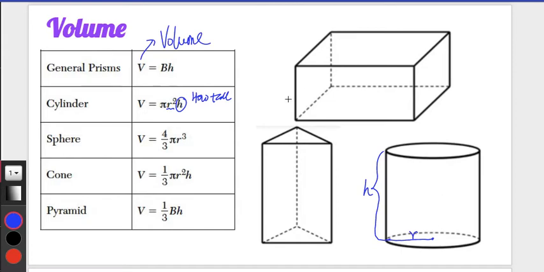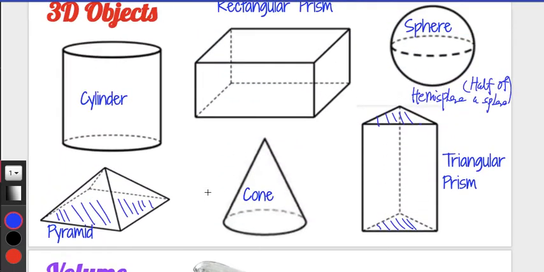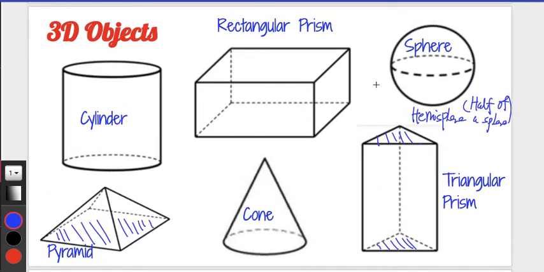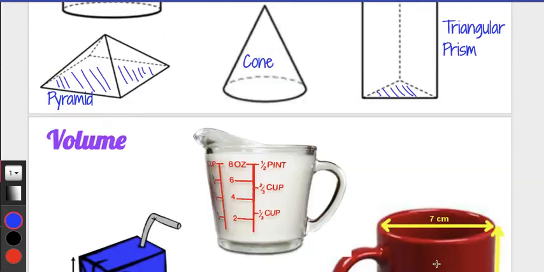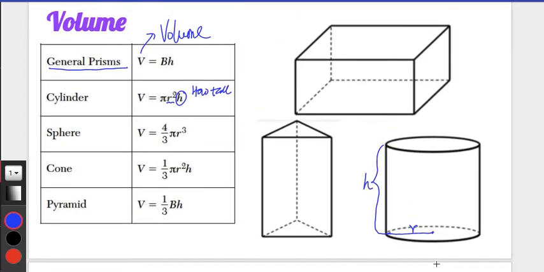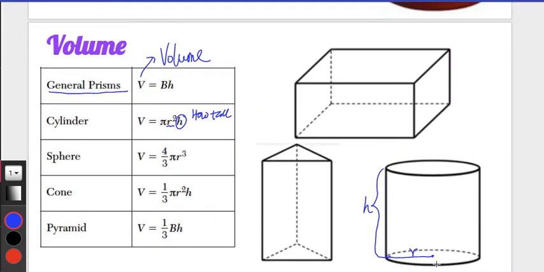And also, let's check the very first one. The very first one is called a general prism. So you may be wondering, what is a general prism? The one you just saw is actually no such thing. General prism, as you can see, includes rectangular prism, triangular prism, everything here, as long as we use prism to describe it, we can use this formula.